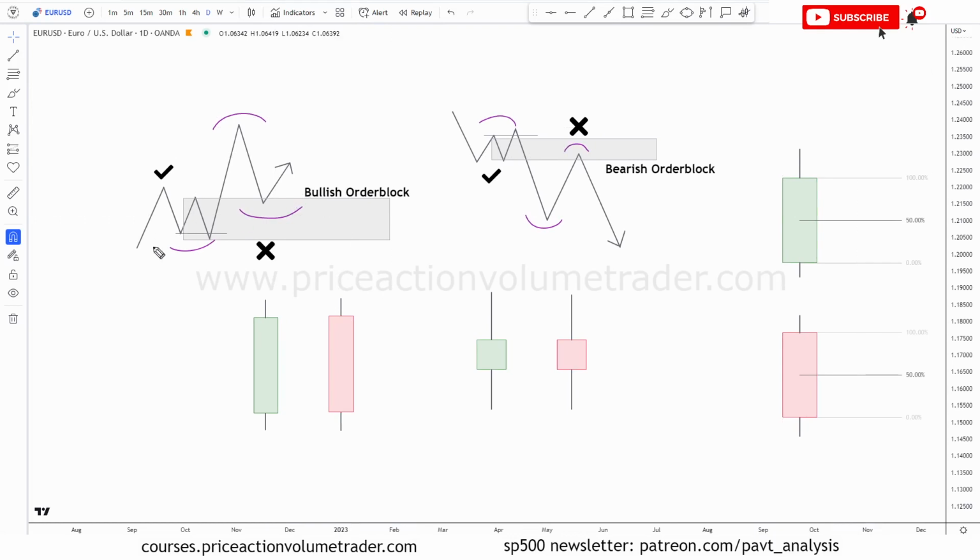So basically, if we're coming here in an uptrend, we're just watching for price to have an impulsive move that breaks out. In this case, if we're in an uptrend, then we're observing a market that has higher highs, higher lows.